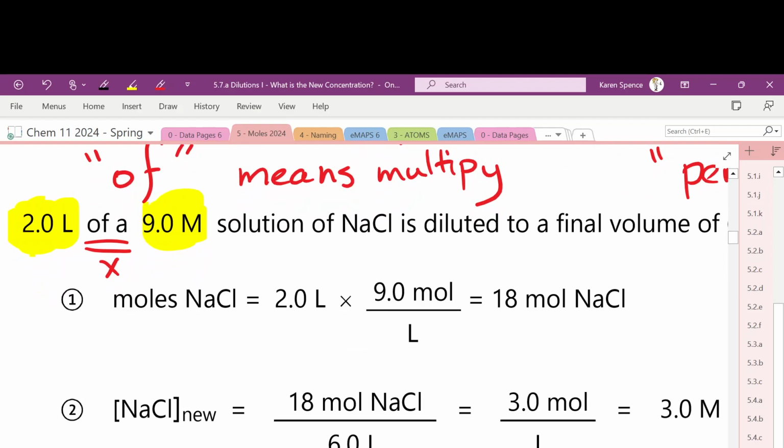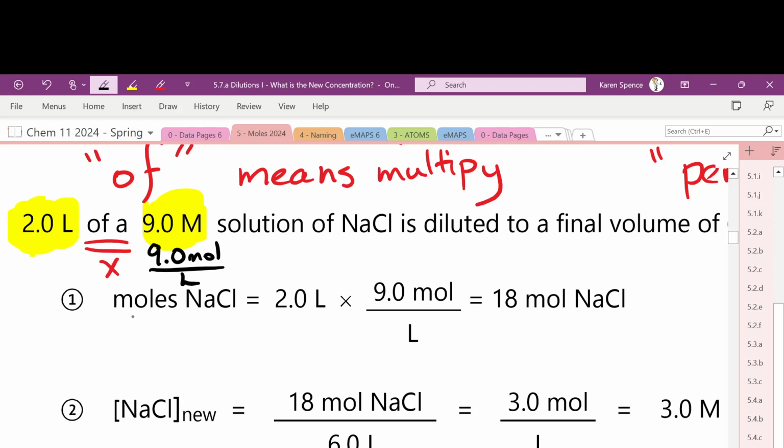Remember, when you're working with molarity, you're not going to leave 9.0 molar as 9.0 M. You're going to rewrite it as 9.0 what? Moles over liters. And if we want to find the number of moles, because in a dilution problem, you're always trying to find the number of moles because the moles before equals the moles after, okay?